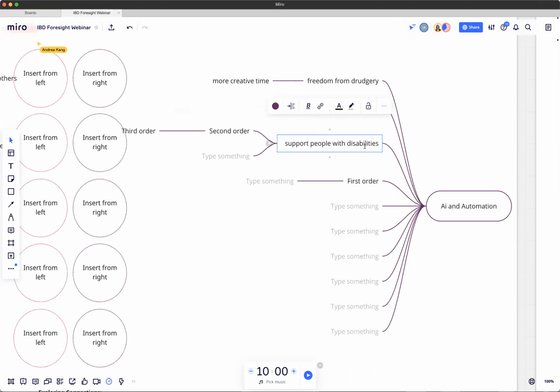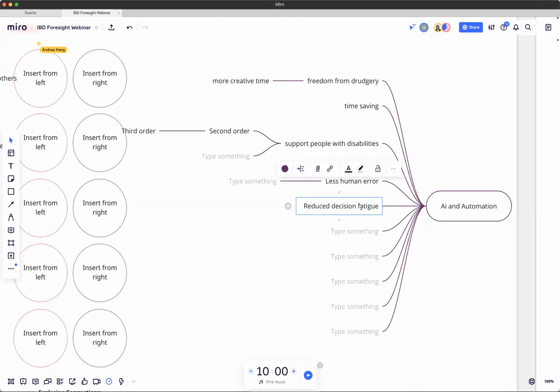Yeah, better accessibility through that makes sense. Thanks for that. Reduced decision fatigue, right? You can just have an algorithm make that decision for you. More availability, maybe more accessibility. Right, it's about halfway there.